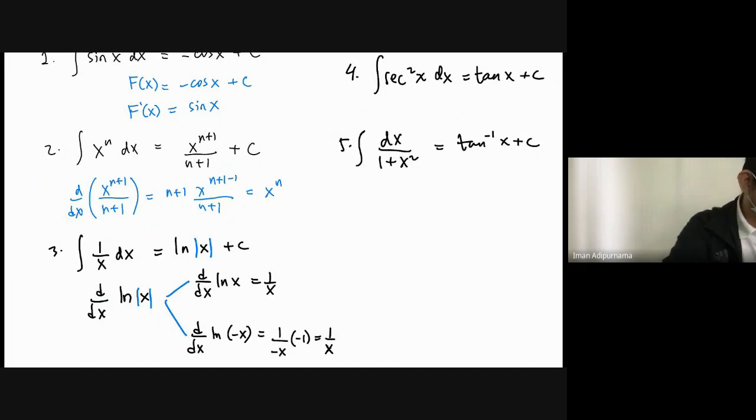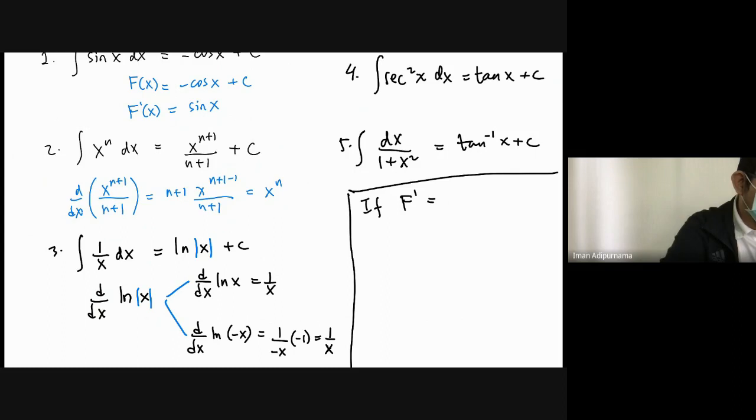Okay, and then let me just take some few notes here. So if we have f prime equal g prime, then we can write this equals 0, and as a conclusion we have to have a constant.